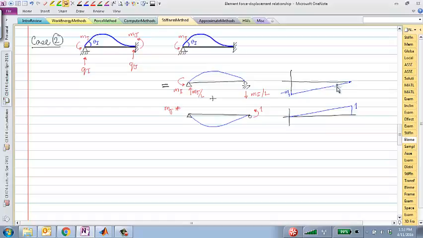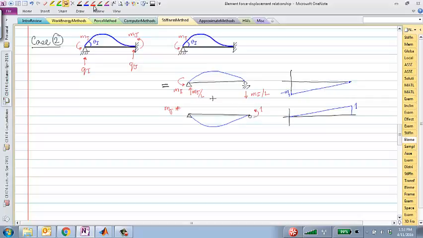Is there a better way? If I want to find the rotation of a beam at one end, or if I want to find the displacement, let's say, think virtual work method. So if I want to find displacement at a point, I apply a unit load at that point. If I want to find the rotation at a point, what do I do? Apply a unit moment, which is the second case, right?